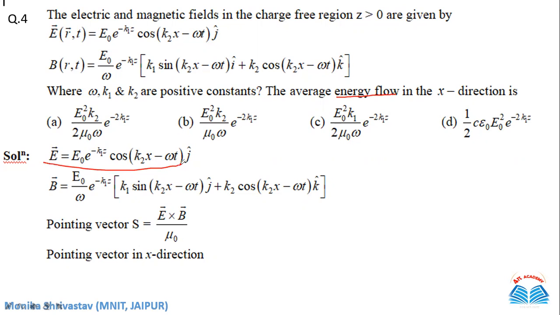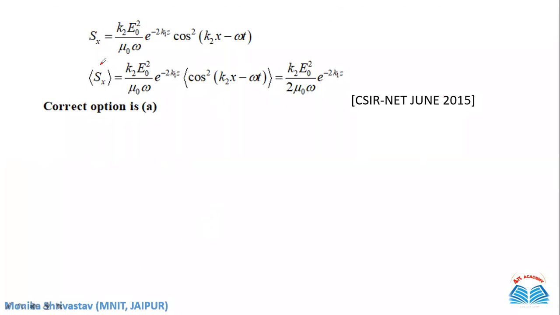So E is given, B is given, and the Poynting vector formula you know: S equals E cross B over mu naught. Since the question asks about the x direction, we use only the x components, and by using them we get these results. Now we have to calculate the average. All these are constants, so we can't take the average of them. We will take the average only of the cos terms.